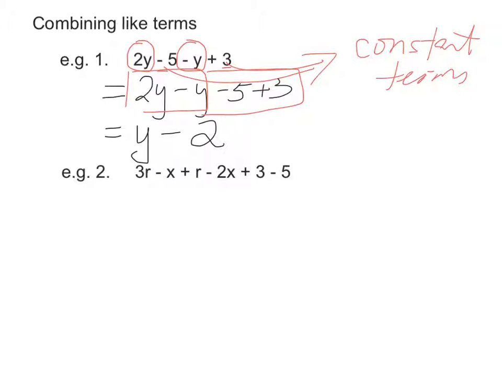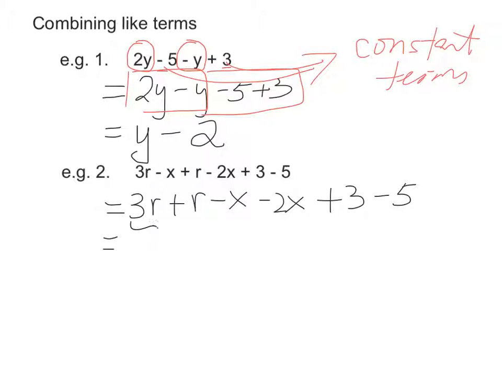First, we group the like terms together. We group 3r and plus r together, then minus x minus 2x together, and then the constant terms, positive 3 and minus 5.